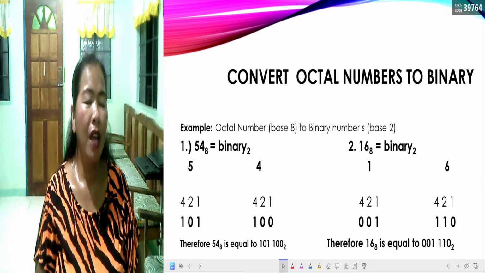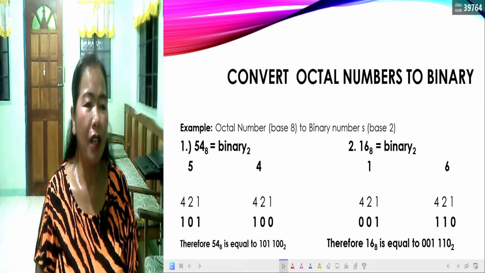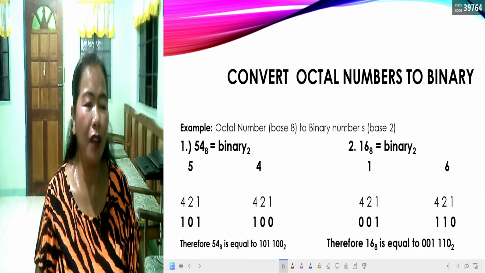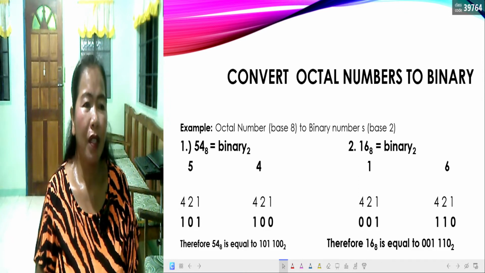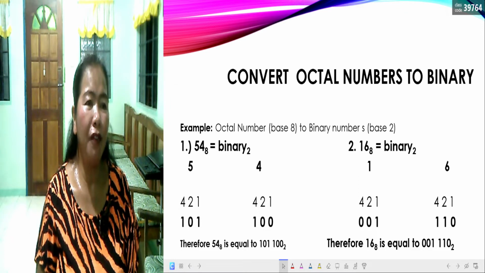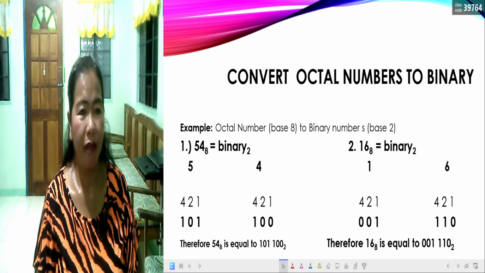Therefore, under 4 and under 1, you have to write 1. And for the digit 2, you have to place 0 so that when you multiply 2 by 0, that will result to 0. Then add 4 and 1, that is equal to 5.